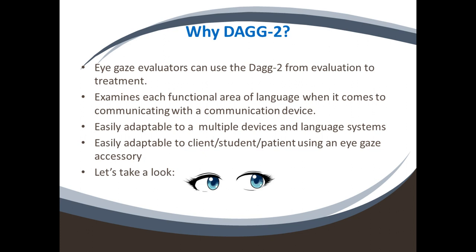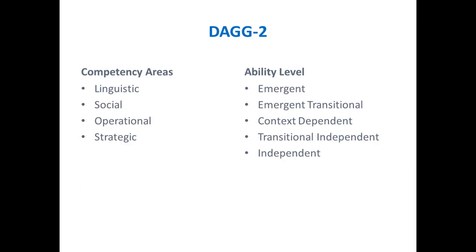Okay, so let's take a look. The competency areas are your linguistic, your social, your operational, and your strategic. And then you have ability levels that match each competency area.